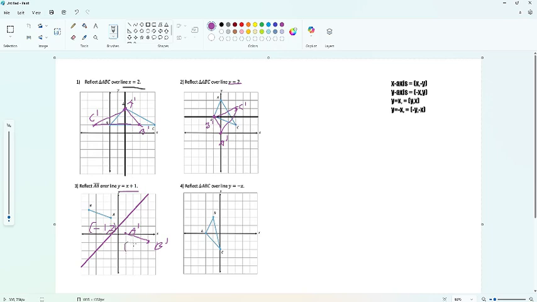We can fact check this by saying A is negative 1, 2, while A prime is 1, 0. So how do we get from negative 1, 2 to 1, 0? Since this is y equals x, we can swap y and x.